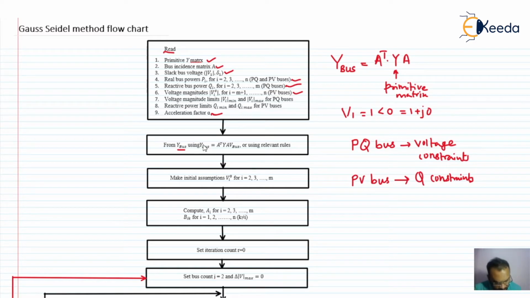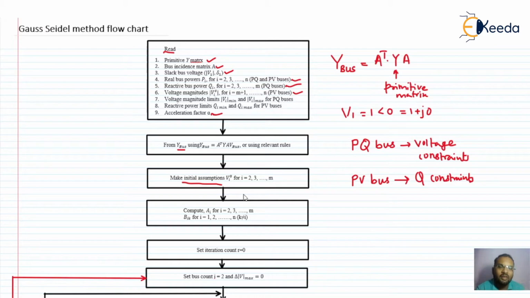Next, the very important step in the Gauss-Seidel method is to make initial assumptions. We always make initial assumptions for the voltages. As I said while discussing the Gauss-Seidel method, the voltage at each bus ideally should be 1 per unit.